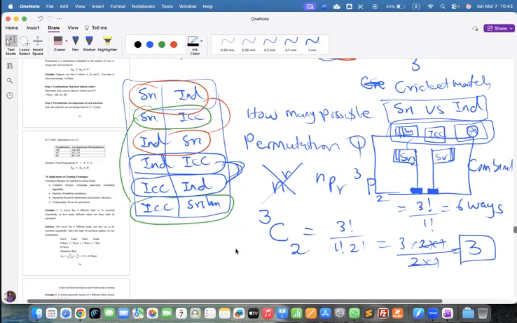Okay. Let's say you're making a team from 30 members, and you need to select 15 members. Is it possible to select the same member again and again? It's not possible, right? Just think about the 30 players in the Sri Lankan cricket team.